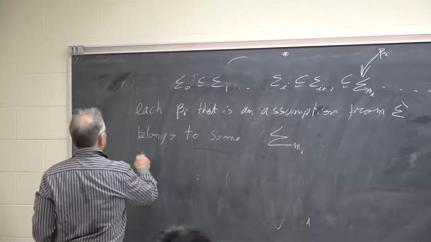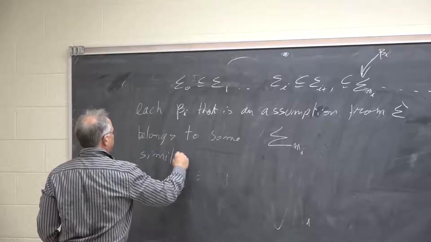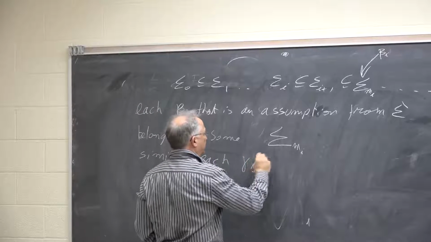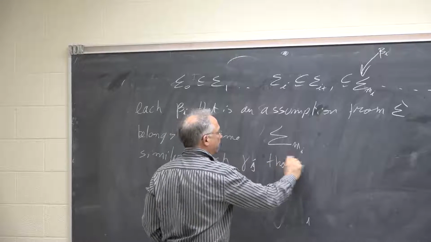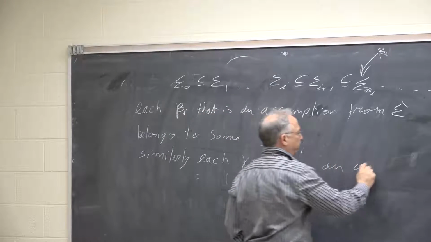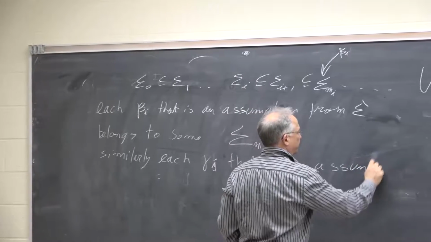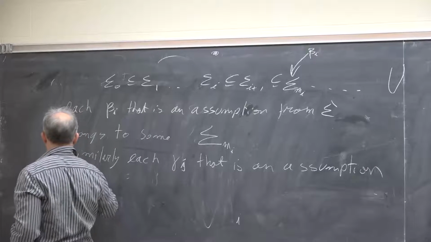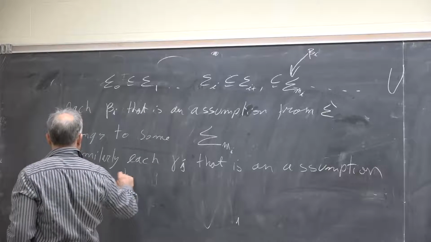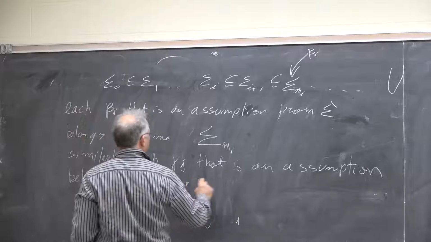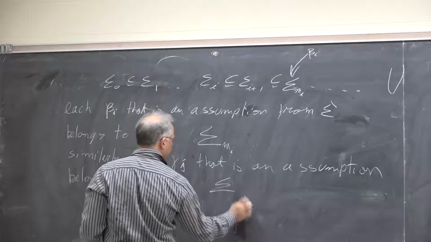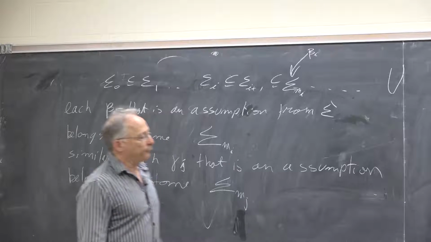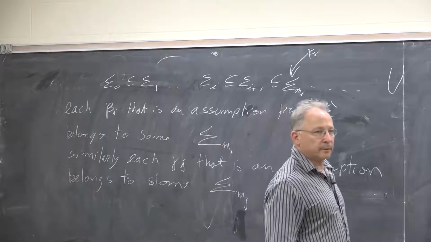And similarly, each gamma j, say, that is an assumption, belongs to some sigma m j. Now, there are finitely many of those.